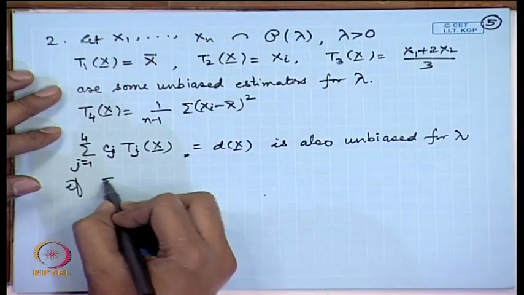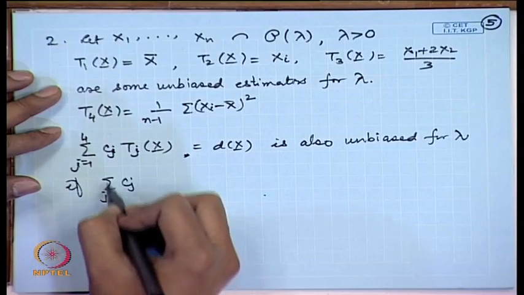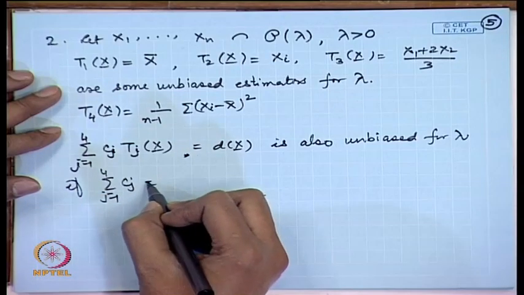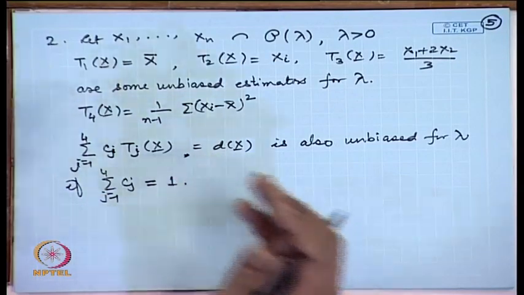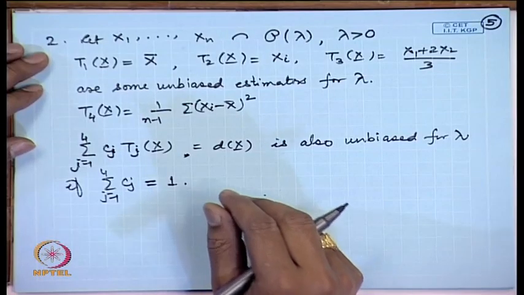That means, if we are having more than one unbiased estimator, then we can construct a large number, or you can say an infinite number, of unbiased estimators also. Therefore, we need to qualify with certain other criteria, so that we can restrict attention to a few of them only.